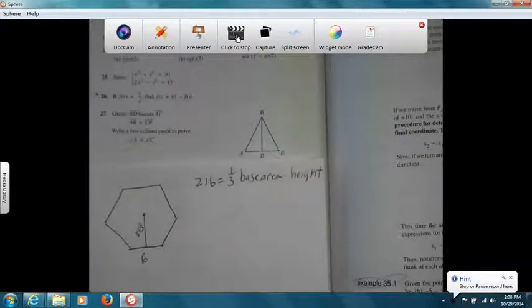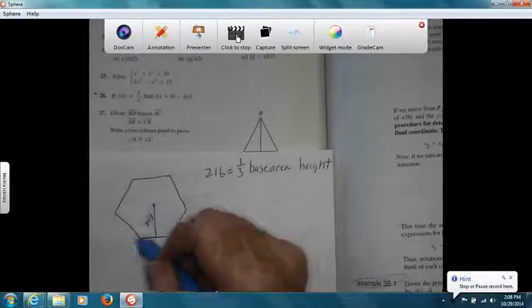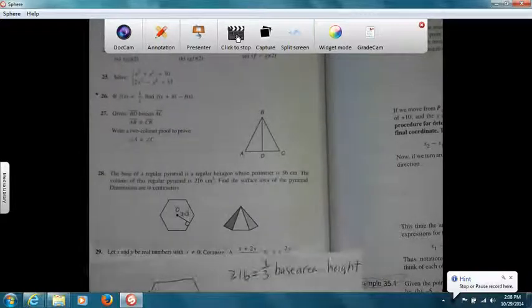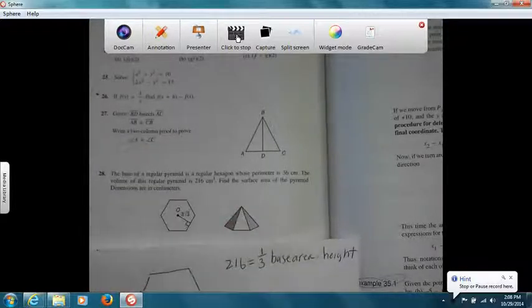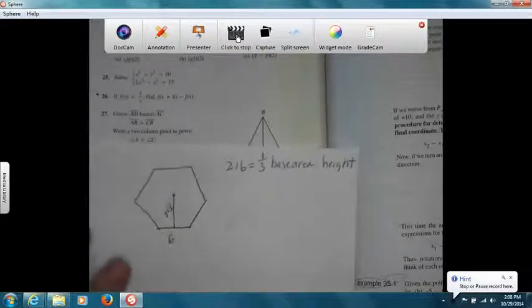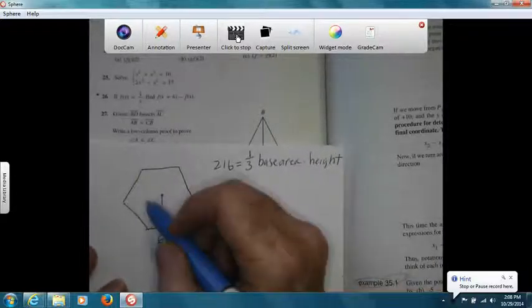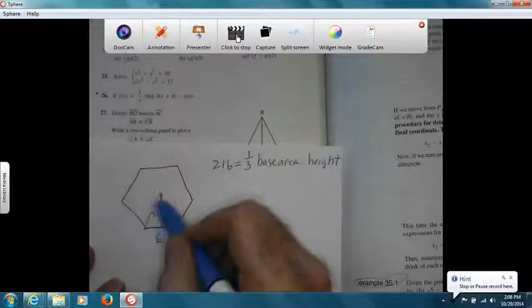Now, I have 216 as the volume. The base area I can get, this is the bottom of the pyramid. That's the base, and that's showing what the pyramid looks like. So all I have to do is chop this thing up into triangles, and that'll give me my base area. I can draw 6 triangles.